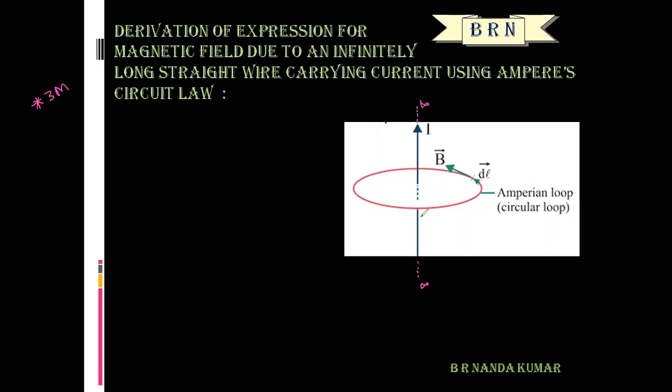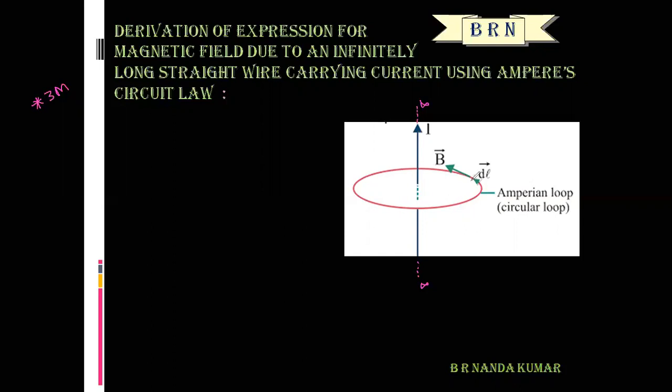So here current flows in the vertically upward direction, so the direction of magnetic field around the straight current carrying wire is anti-clockwise. The direction of magnetic field at each and every point on the perimeter L of a closed curve is always tangential, right?